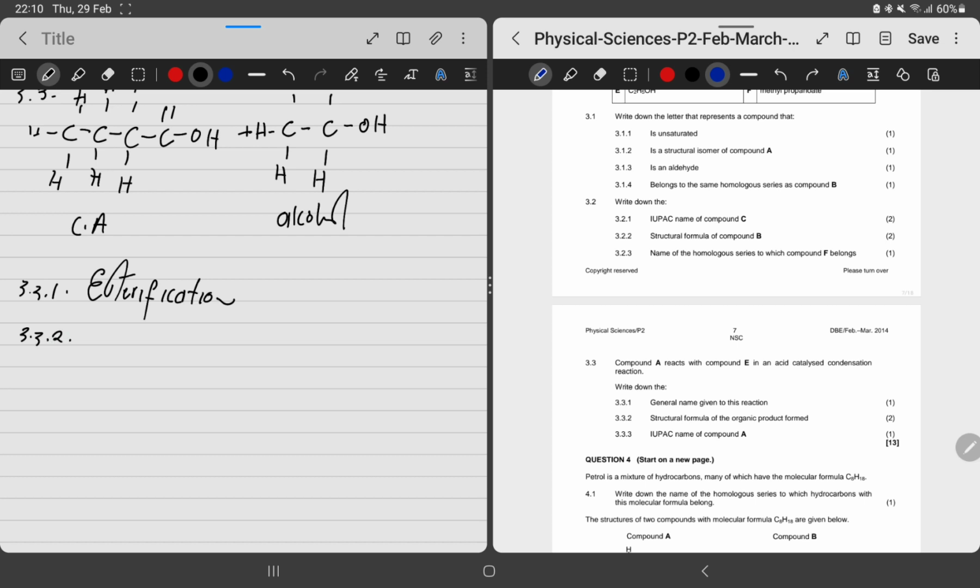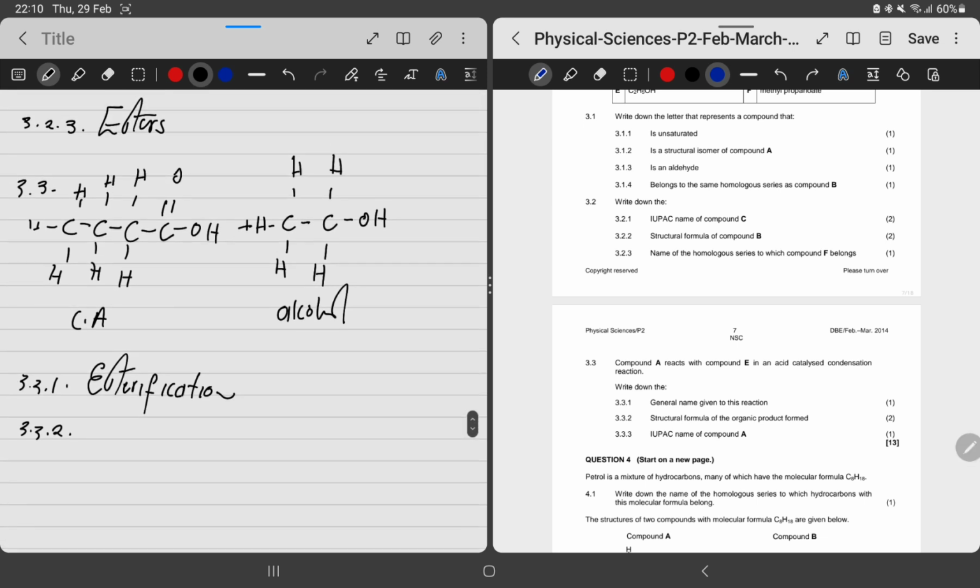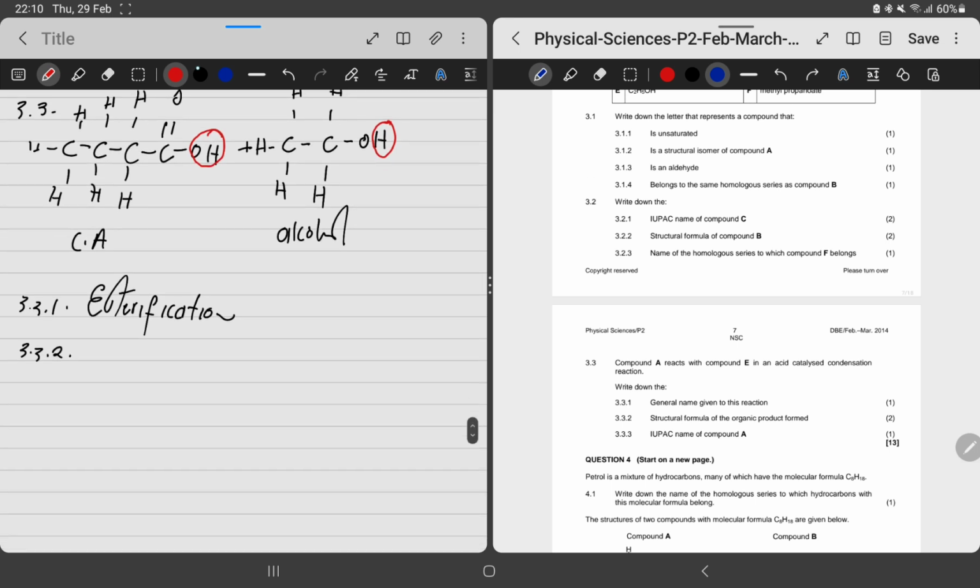3.3.2 The structural formula of the organic product formed. Okay. Remember what we said. We said whenever an alcohol reacts with a carboxylic acid, what happens? That hydrogen there, let's just say that OH is going to bond with that hydrogen to form water, and then we're just going to join the alcohol and the carboxylic acid.